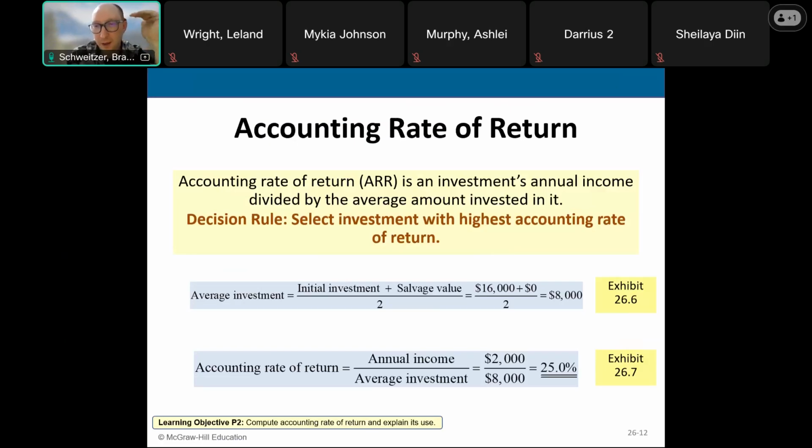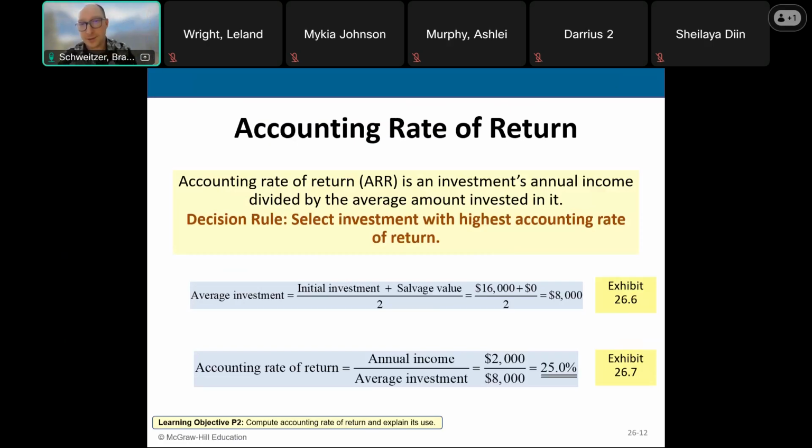Annual net income, in our example, is 2,000, divided by average investment that we got from the prior step. In this example is 8,000. So 2,000 divided by 8,000 is 0.25, also known as 25%. Okay, so the accounting rate of return is 25%.